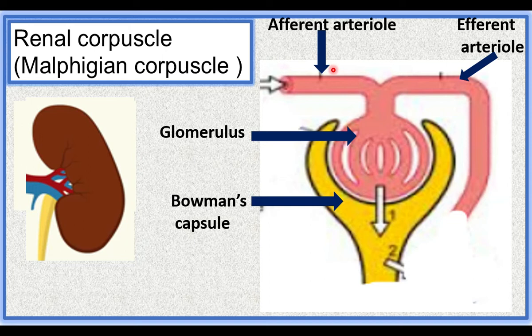Millions of nephrons are there, so millions of arterioles branch from the renal artery. And many efferent arterioles join and form renal vein. The renal vein comes out of the kidney. Now it is very clear from where the afferent arteriole arises and where the efferent arteriole will carry blood to.